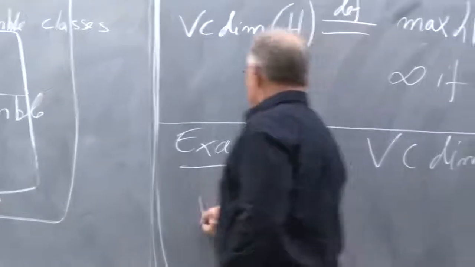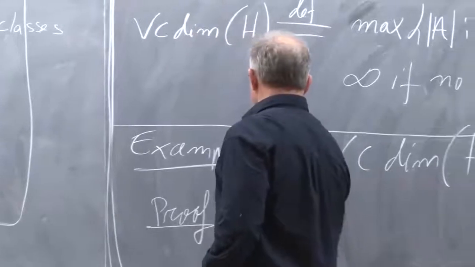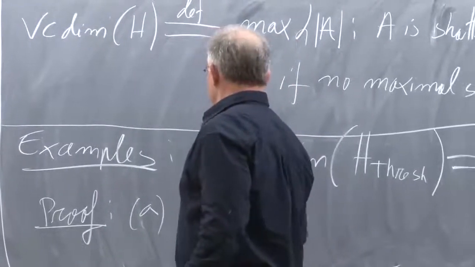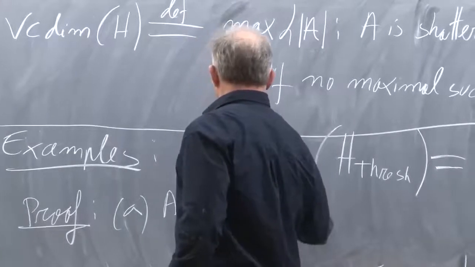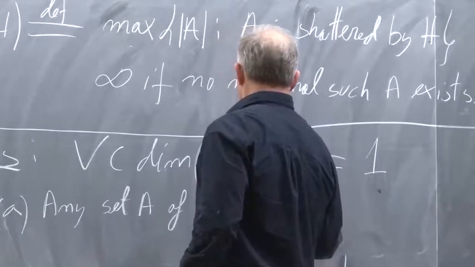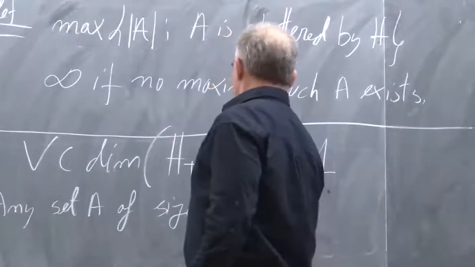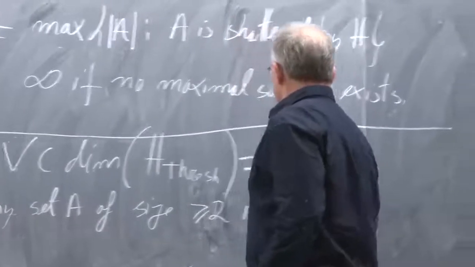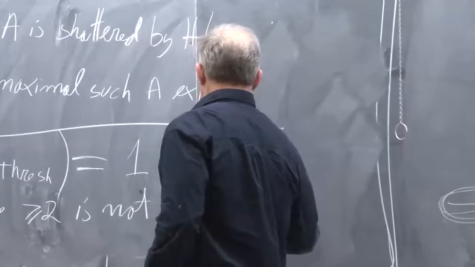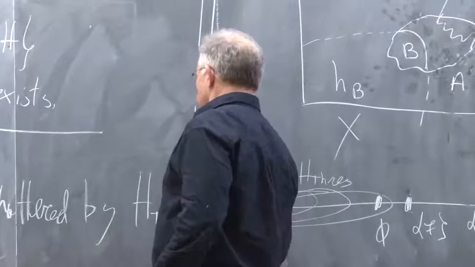So proof. I want to prove that the VC dimension is 1. So I have 2 directions. A, we already showed that any set A of size greater than 1, or say greater or equal than 2, is not shattered by H threshold.